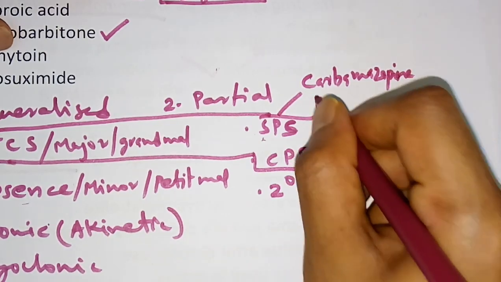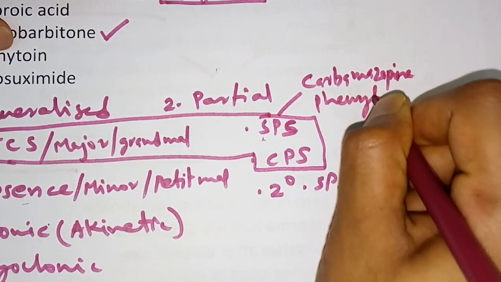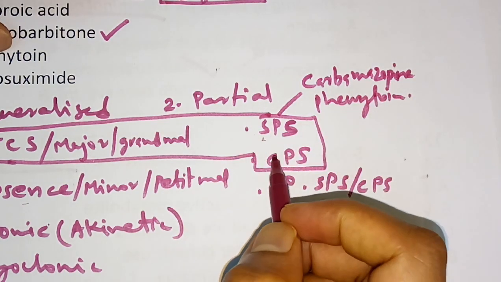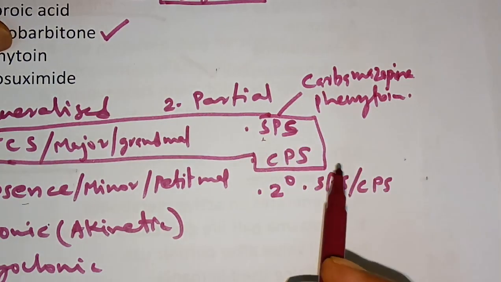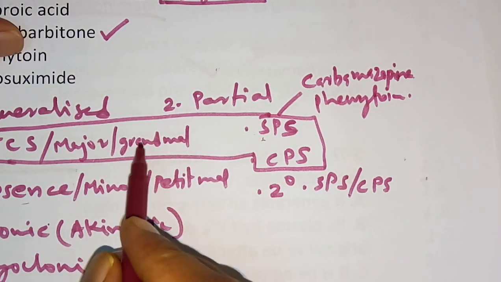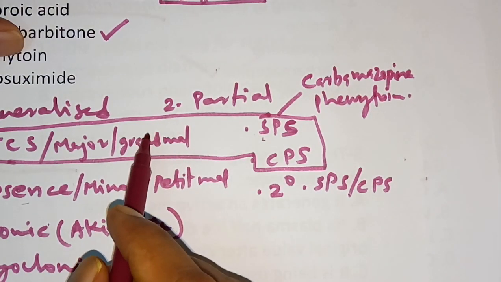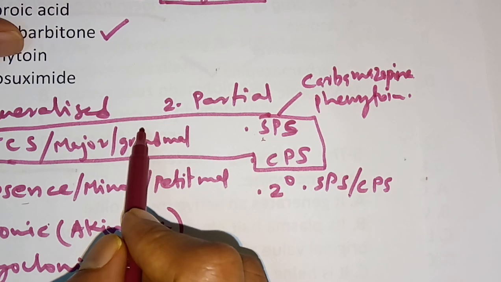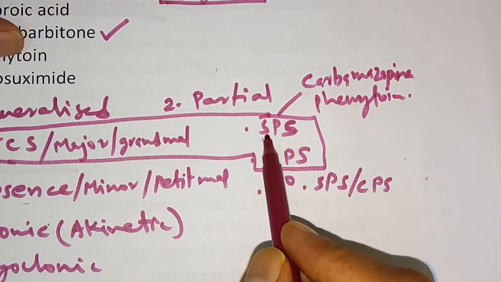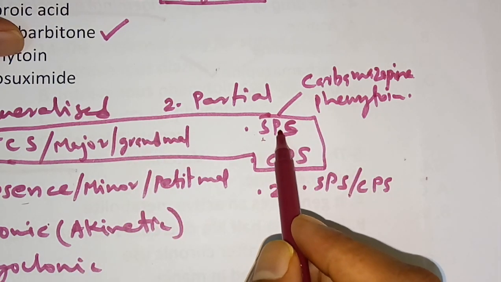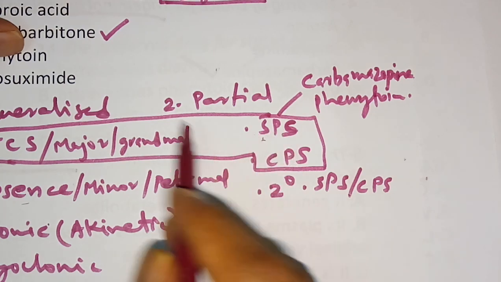You can use carbamazepine or phenytoin. But phenobarbital is also there: in generalized tonic-clonic seizure or simple partial seizure, you can use phenobarbital as a second choice drug.